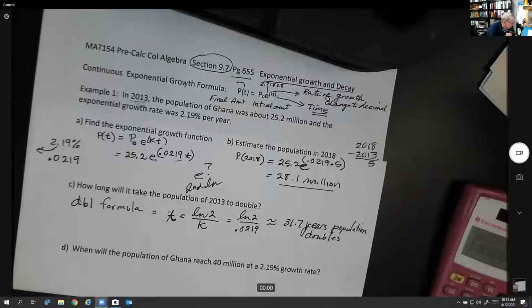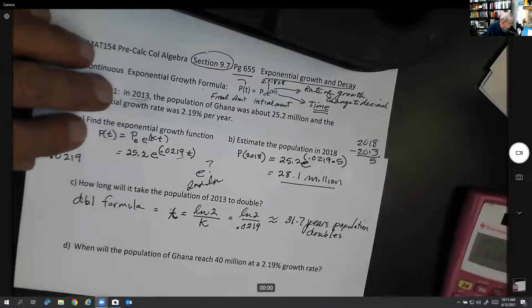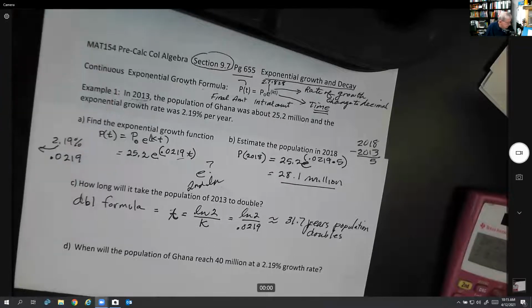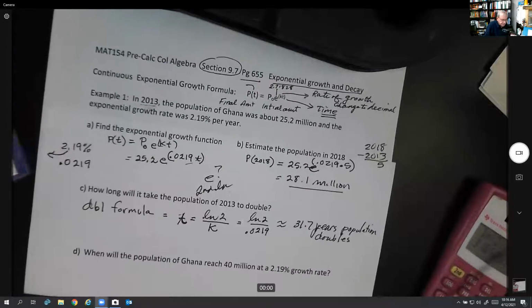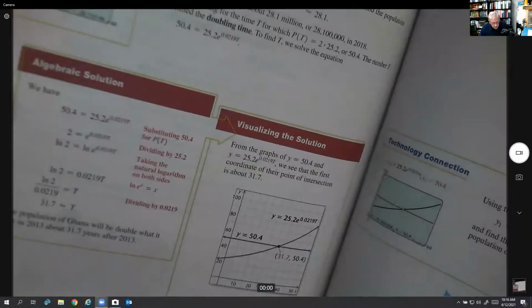It's called a doubling time. No, they came up with 31.7. You see, but they had to do all this work. And they came up with 31.7.